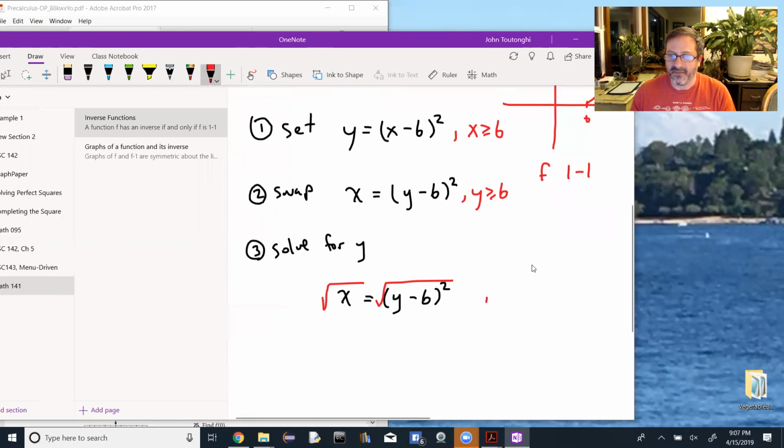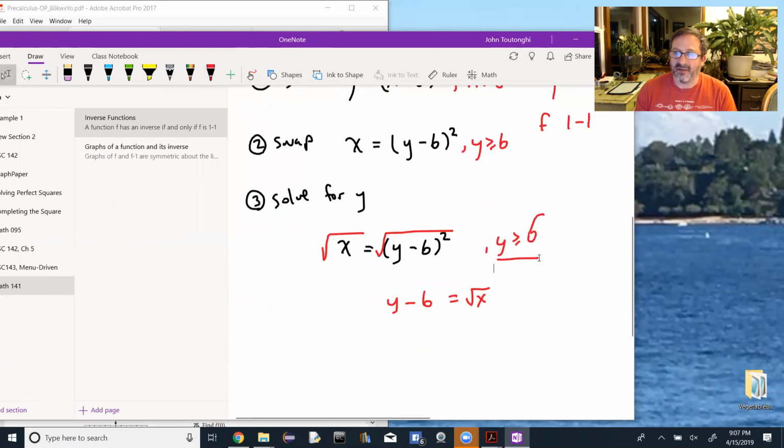And here, if y is greater than or equal to 6, the reason we need absolute values is to make sure this is positive. But if y is at least 6, then y minus 6 is already greater than or equal to 0. So this will have to equal the square root of x. In other words, this allows me to not have absolute values because we just want the positive solution, which this will be.